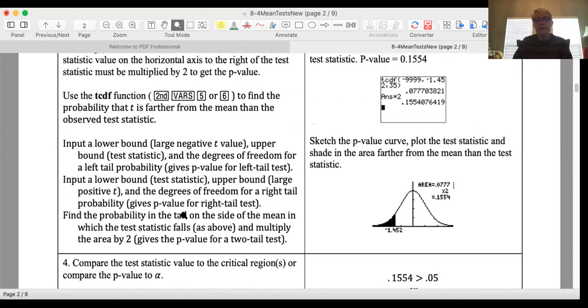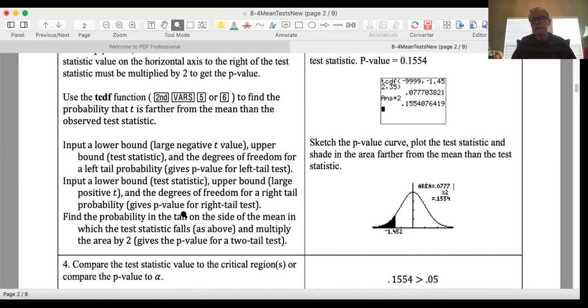And the tcdf function, just like the normal CDF did, requires two numbers. Actually, it requires 3, but the first 2 numbers it requires are a lower bound for the probability, this p-value, and an upper bound.